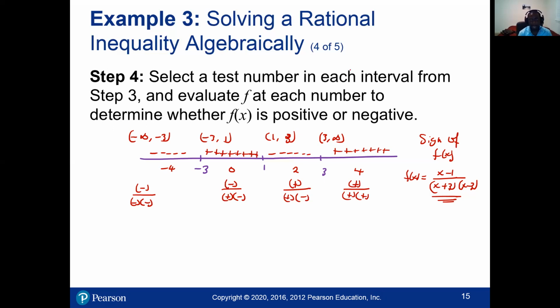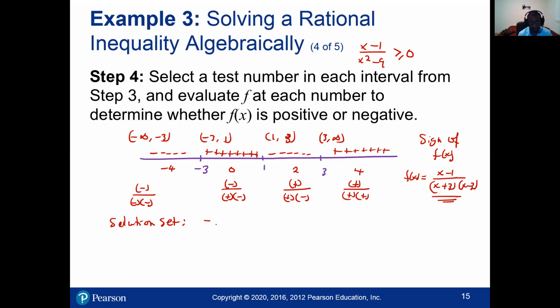Okay. Now remember, we want to find the what? The solution of the inequality x squared minus 9 greater than or equal to 0. So the intervals that satisfy that inequality, okay? So the solution set will be, I'm writing in interval notation, from what?